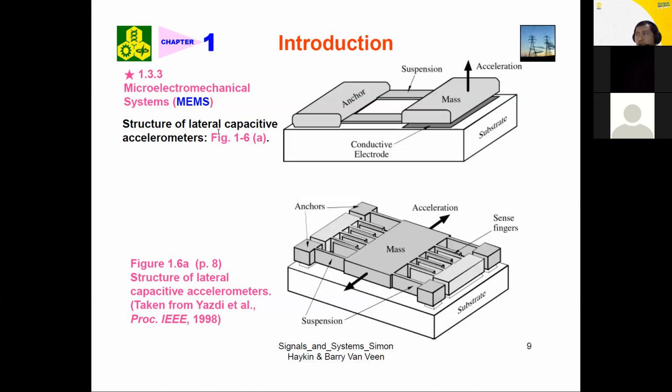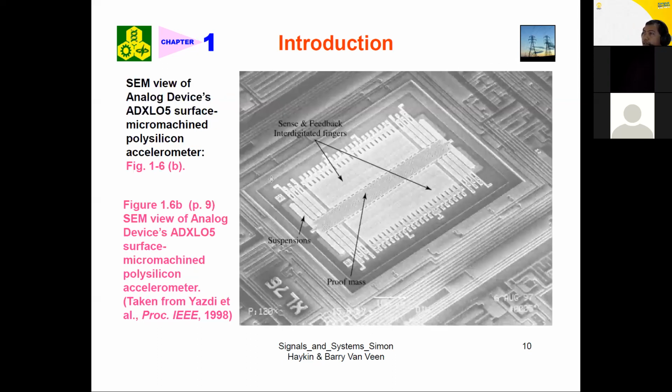So it's kind of an electromechanical system function. This is the real image of a microelectromechanical device. Actually the scale is very small. Yeah, very small.